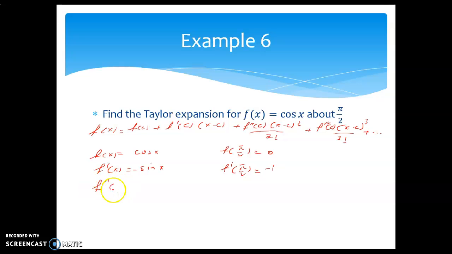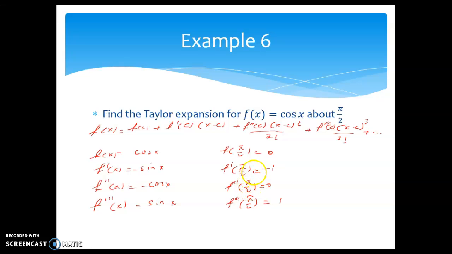F double prime of x equals negative cosine of x. F double prime of pi over 2 is equal to 0. F triple prime of x is equal to sine of x. F triple prime of pi over 2 is going to be equal to 1.